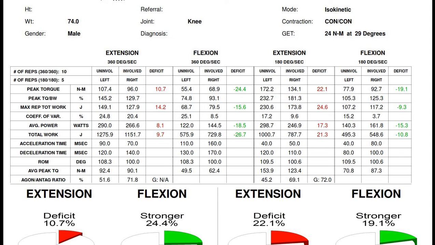So in the absence of a comparator from the literature, as we don't have any standardized values, we tend to compare left to right and then compare between different testing speeds to see if this is still present.